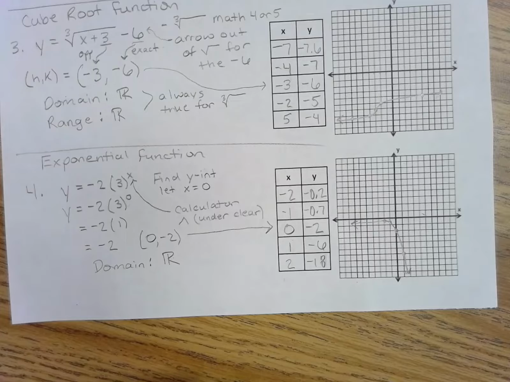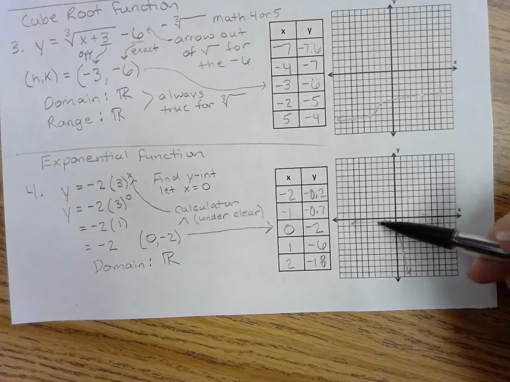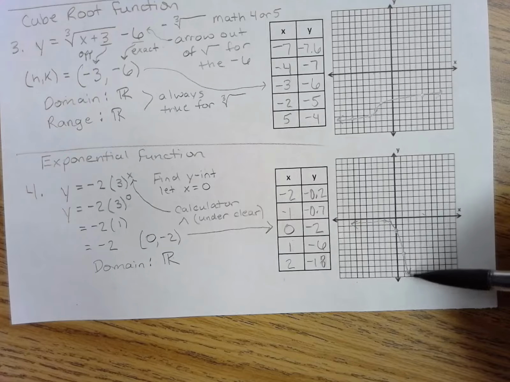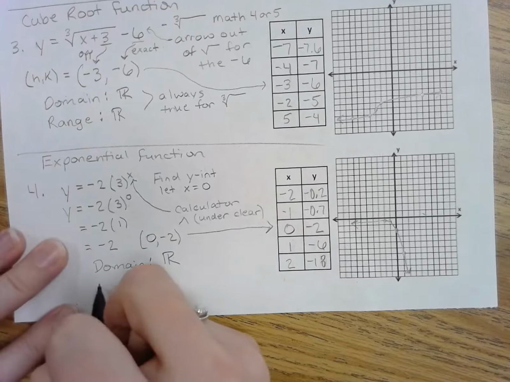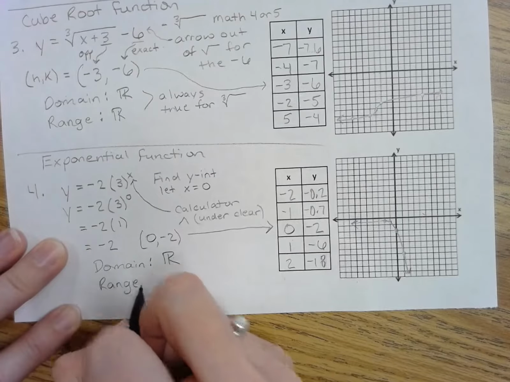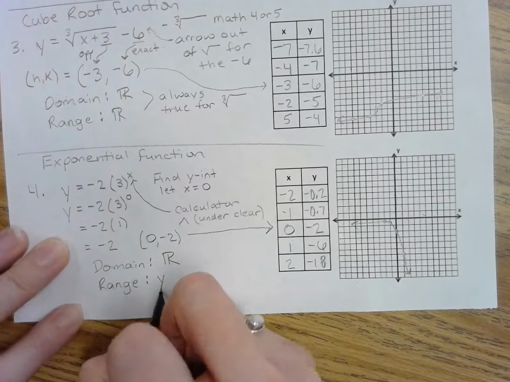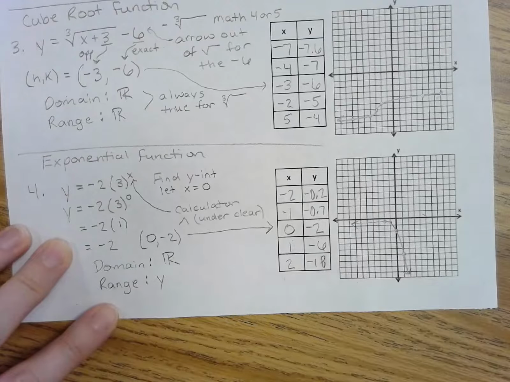For our range, well, notice our range. We started here at 0, but we didn't quite touch the 0. And we grow and grow and grow and get bigger. So for our range, we say that y is going to be, which direction is that?